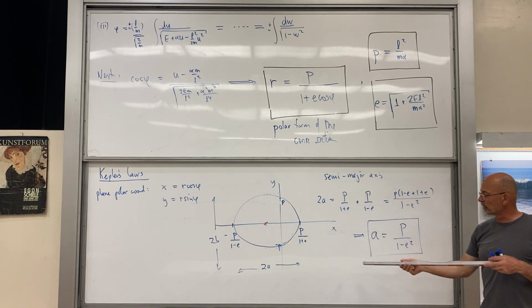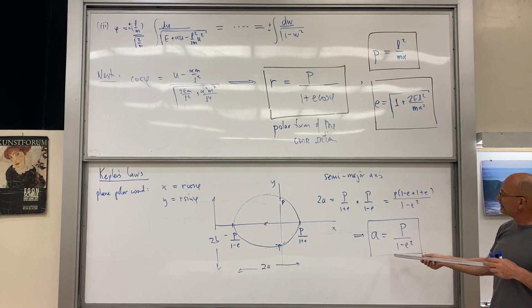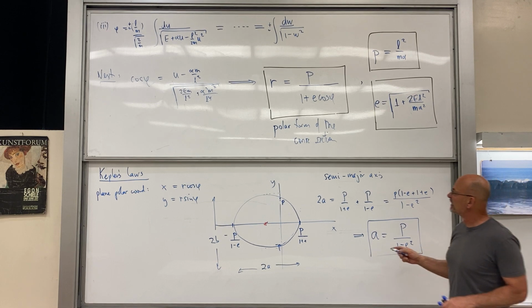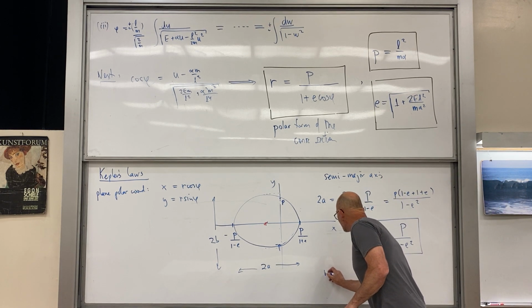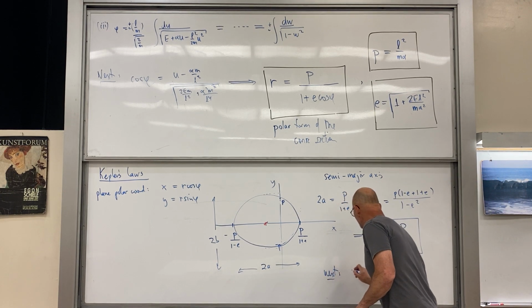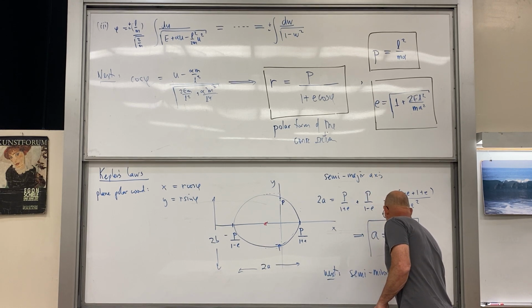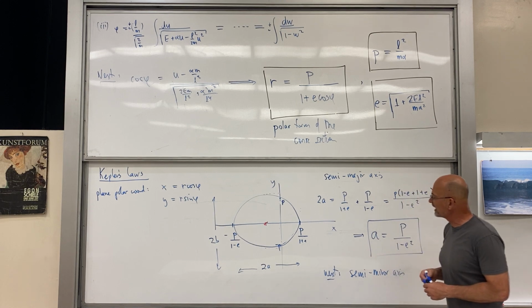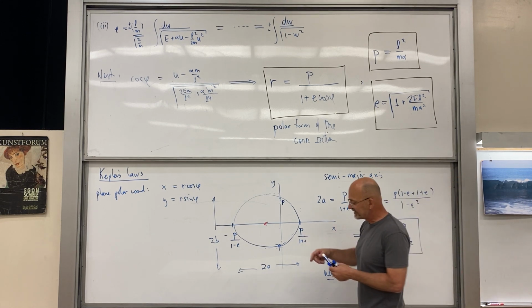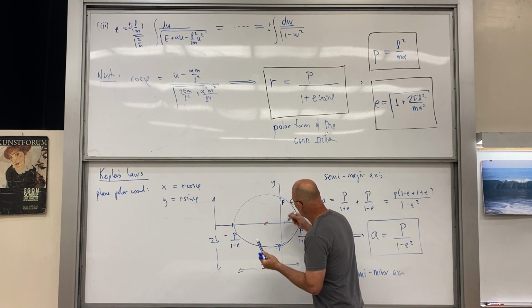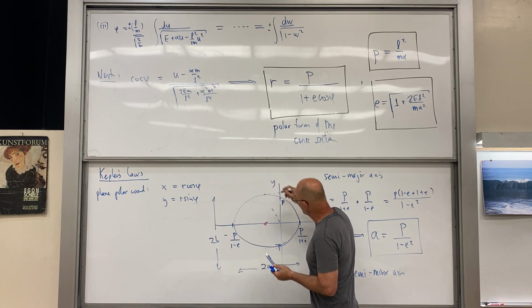So we're just going to keep working our way through. We have to find the semi-minor axis next. This one's a little trickier because we have to locate the angle at which we obtain this maximum here.